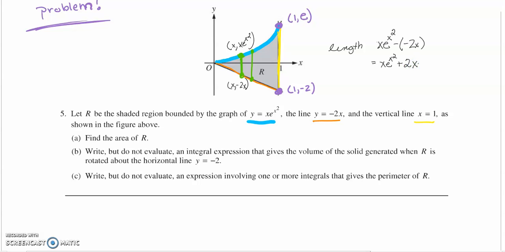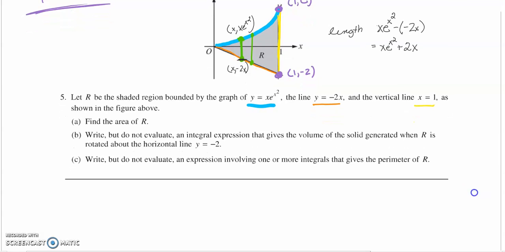So that's my length. What gives me the area of one rectangle is we have to include the width. And the width here is that change in x, that dx. So for part A, my area is going to equal, and I'll figure out the bounds later, xe to the x squared plus 2x.